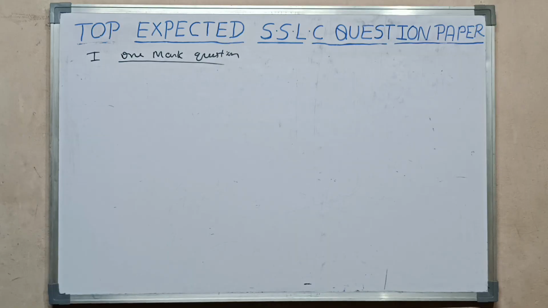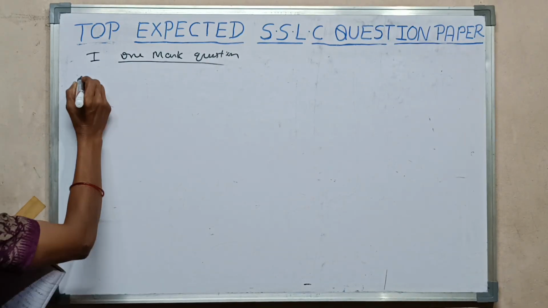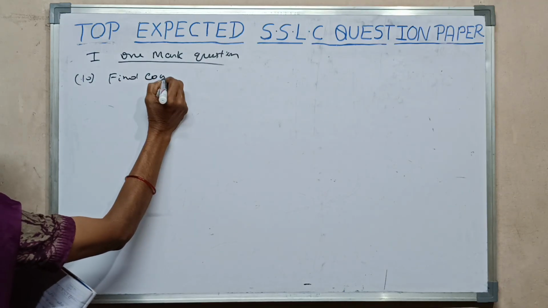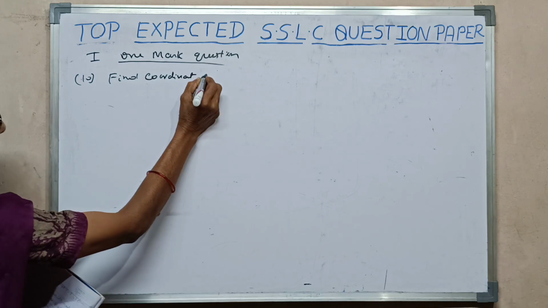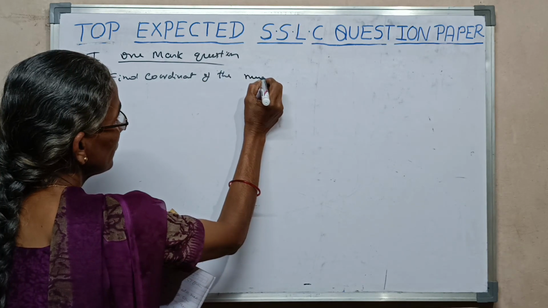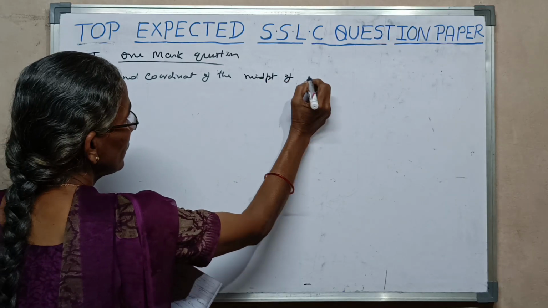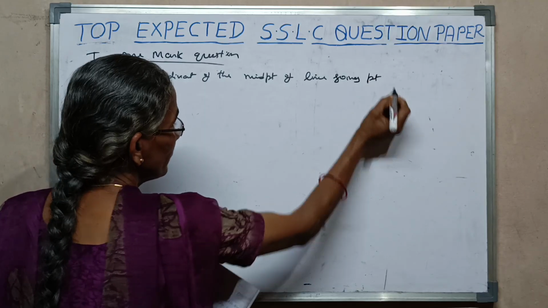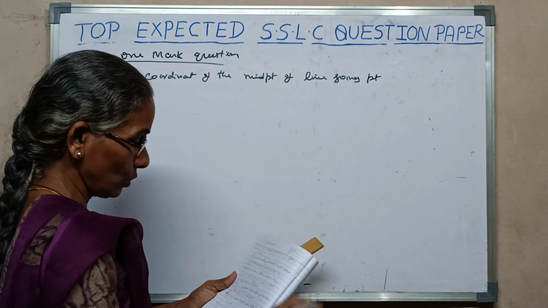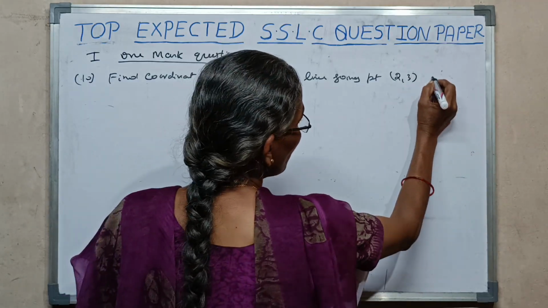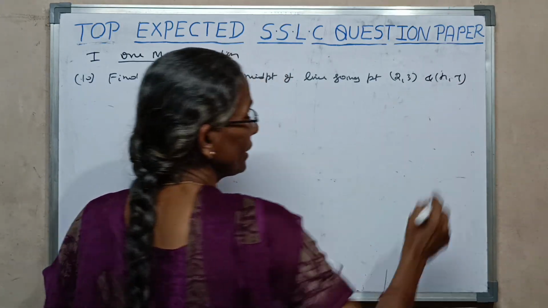Tenth question: find the coordinates of the midpoint of the line joining points (2, 3) and (4, 7).